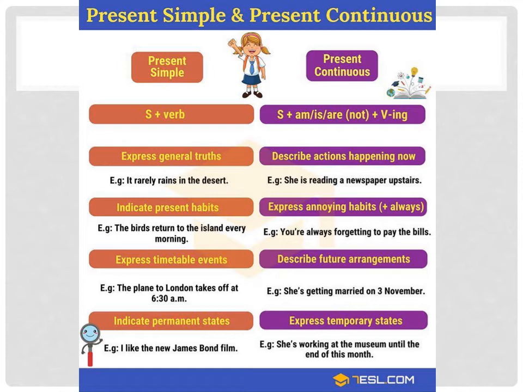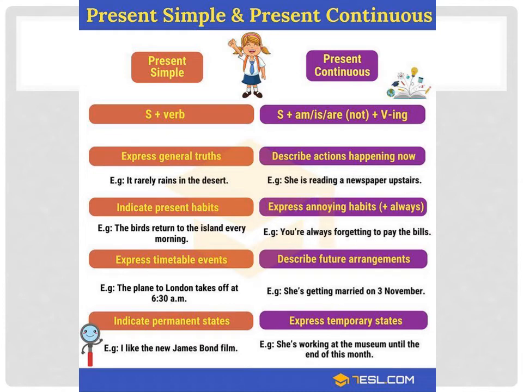Okay, next example, she is walking. As you can see, the subject is she, then the verb is, and the action verb is walk plus ing. Or the next example, they are walking. So the subject is they, and then you put are, and then the action verb is walk plus ing.